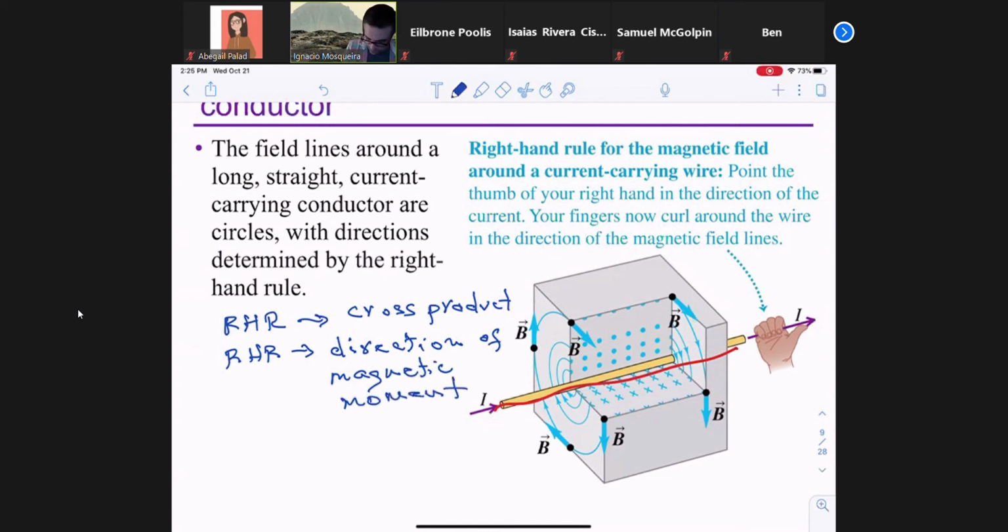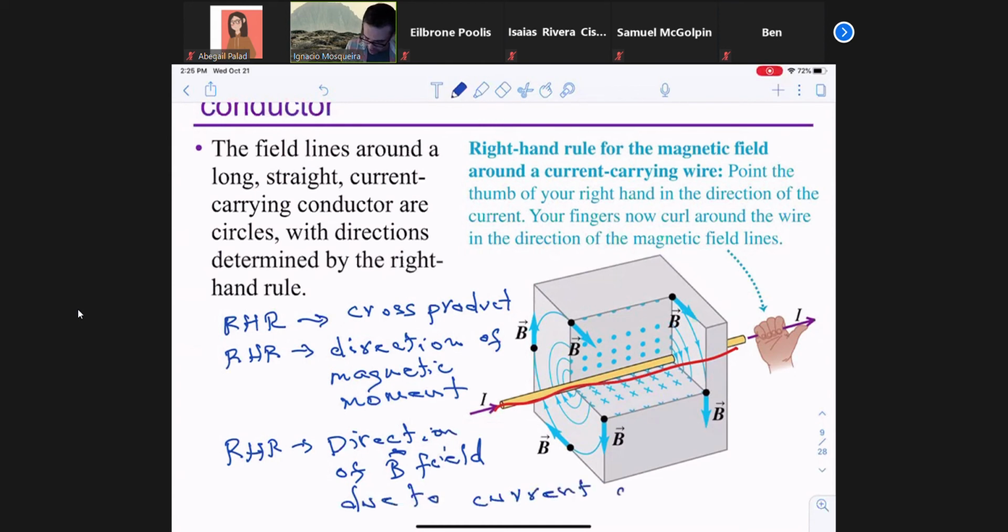And then there would be this right-hand rule right here, the third one: the right-hand rule for the direction of the B field due to a current-carrying wire. Okay, so those are the three.